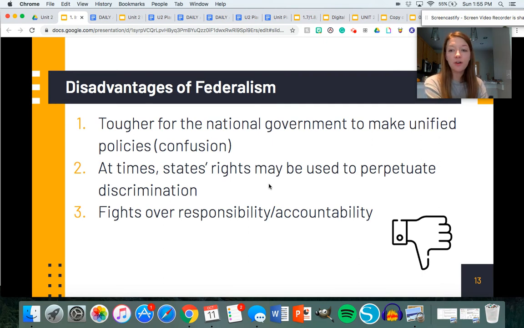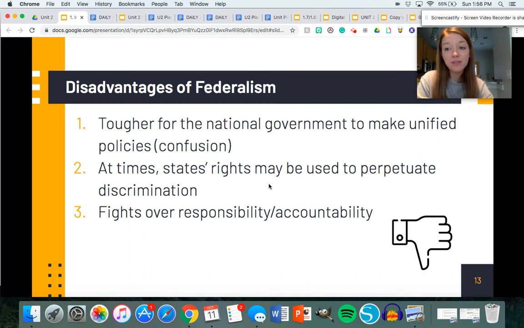Now, disadvantages of federalism, there are a few, and they are pretty big. In a system like this, there are bound to be some disadvantages. So the first one is that it is tougher for the national government to make unified policies, because it has to be a consensus.